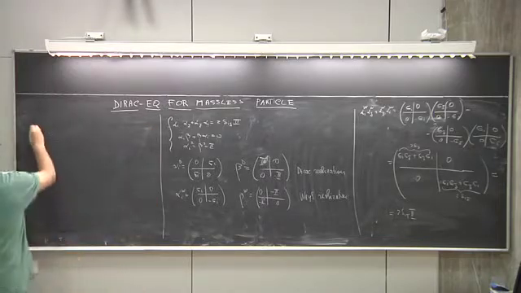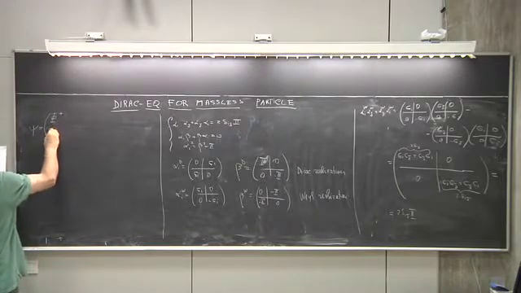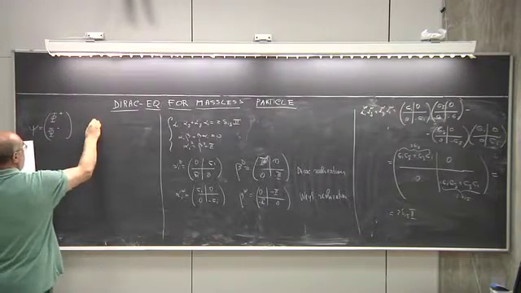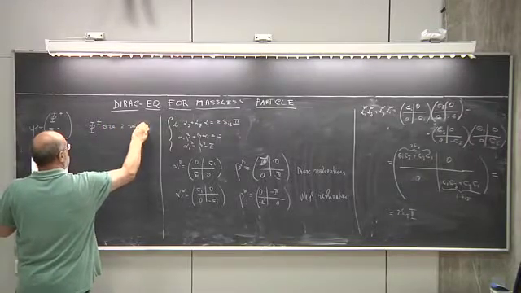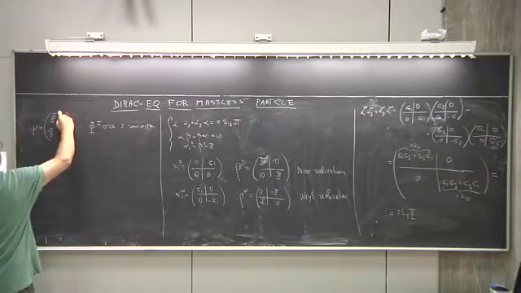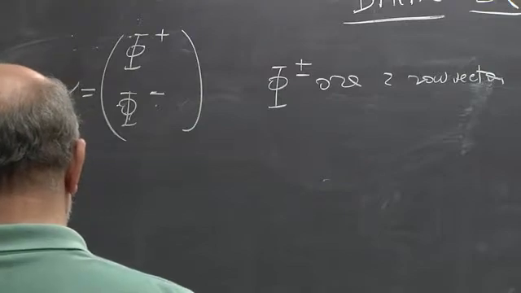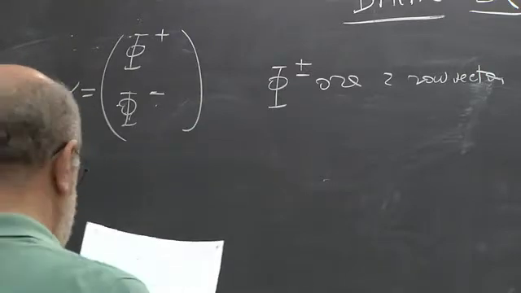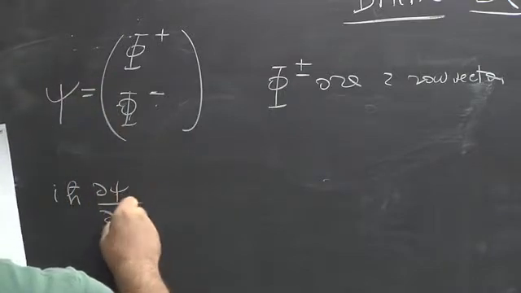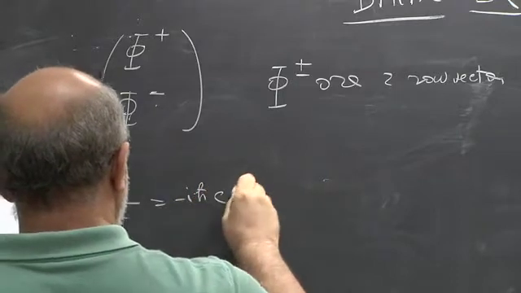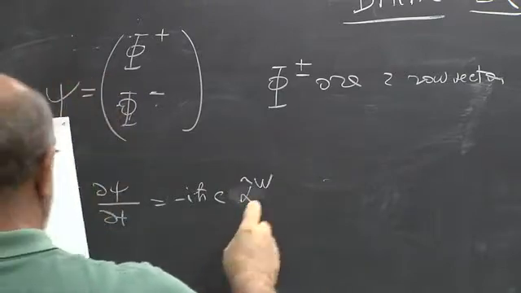Then let me write the 4 component vector as phi plus and phi minus, where each of them, phi plus and minus, is a 2 component vector. So this is a 2 vector, this is another 2 vector. Altogether it is a 4 vector. Then let's write again the Dirac equation, but let's use the Weyl realization of the alpha matrices.